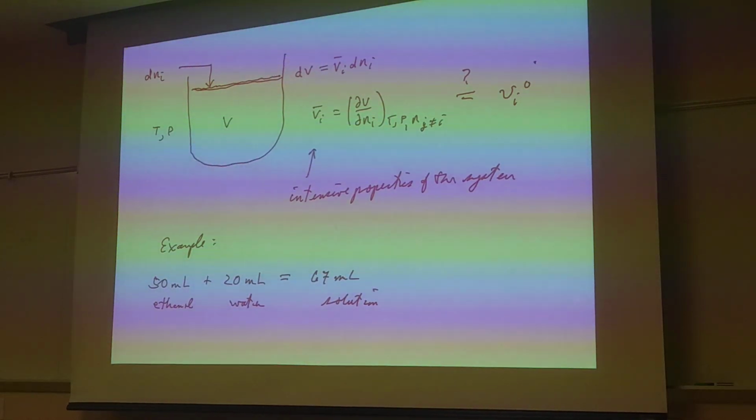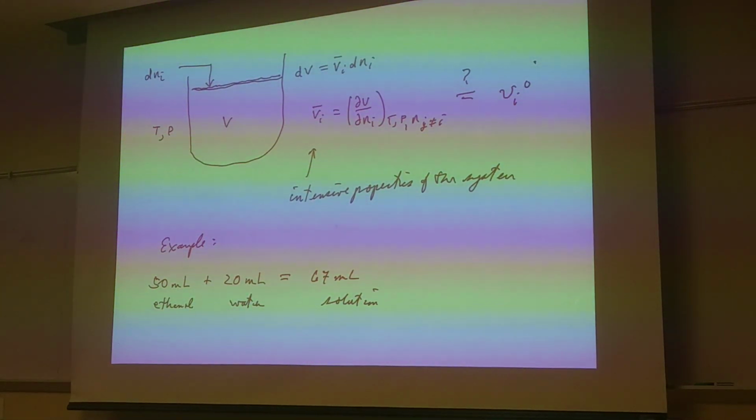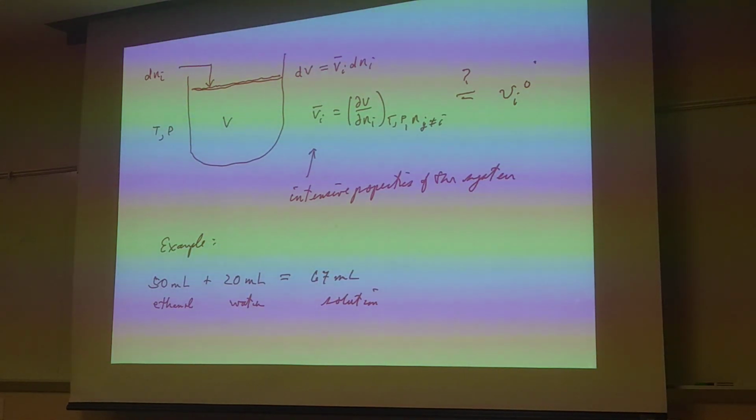It's interesting, isn't it? So we actually had the solution shrink from the volume that you would get by just adding the volumes of the respective amounts of the pure components. So that means we can't make this assumption, but we'll look at circumstances in which this may be true.